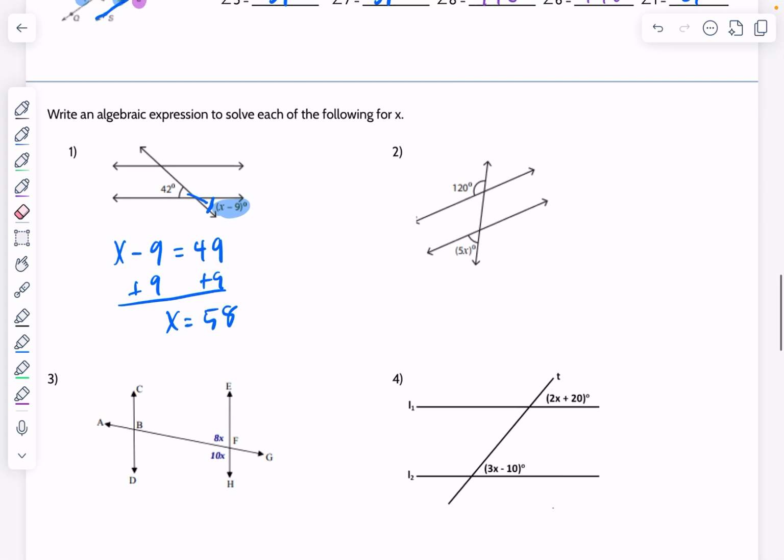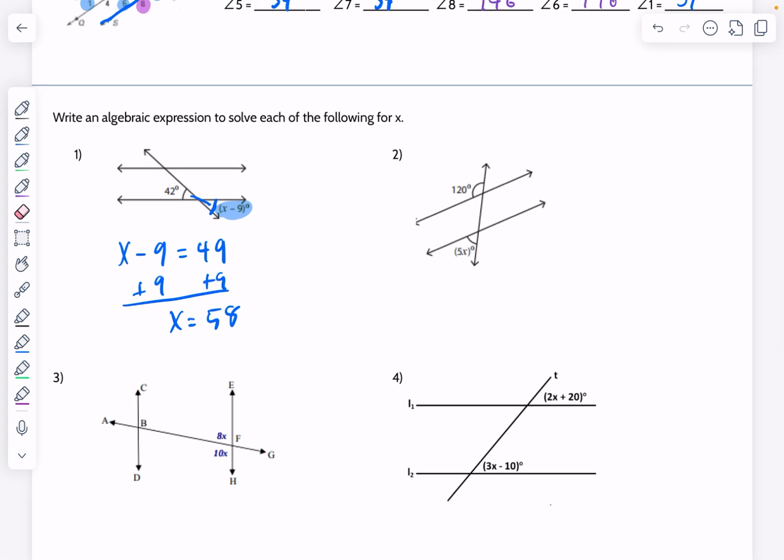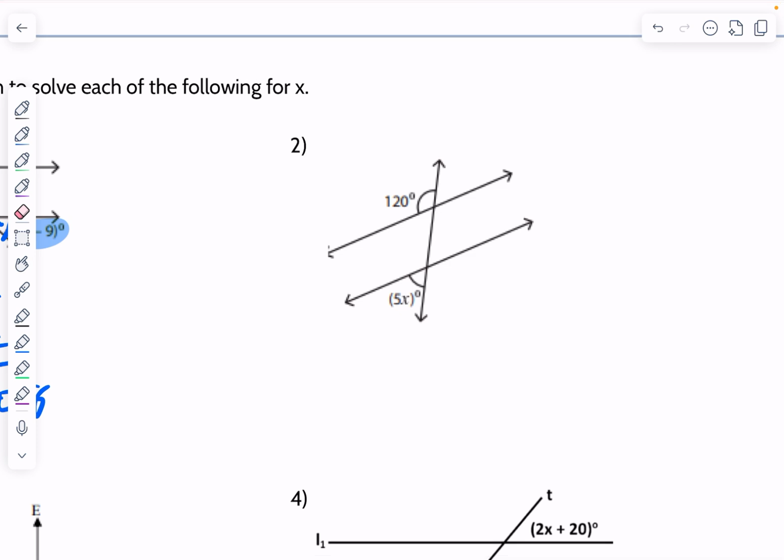All right. So number 2, think about the relationship between the two angles. Are they vertical? Are they alternate exterior? Are they corresponding? Or are they neither? If they're neither, like this one, you'll have to find an angle that does go with the 5x. So 120, and 5x here goes here, that corresponds with it.